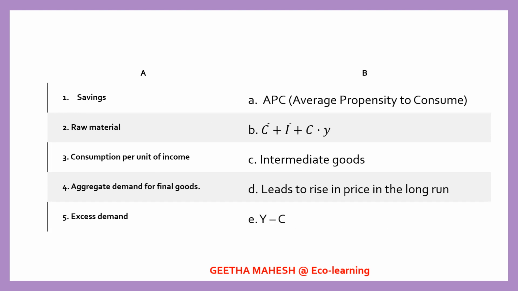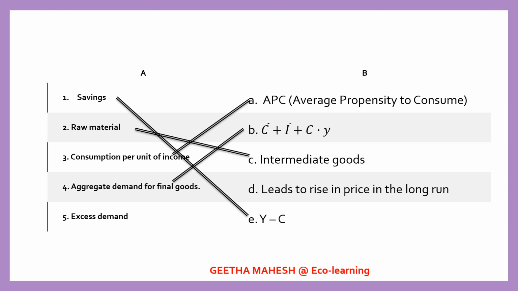Savings, that part of income which is not spent, it means Y minus C. Raw material, intermediate goods, consumption per unit of income, average propensity to consume. Aggregate demand for final goods is denoted by C bar plus I bar plus CY.